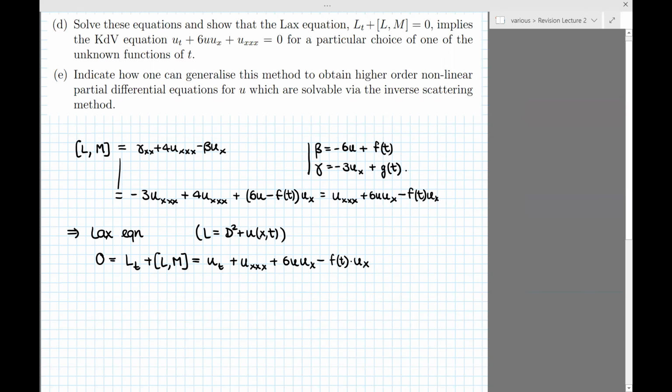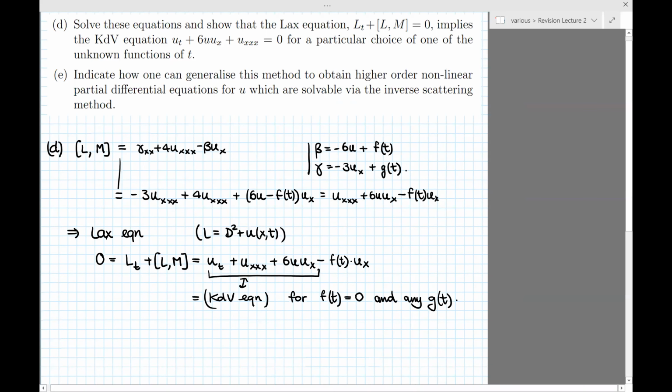So this is the KdV equation only if f of t is 0, and for any choice of g. So in particular, we could also take g equal to 0. This was part D.